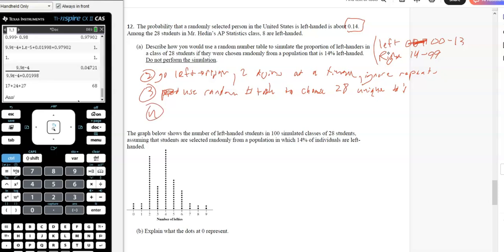Then record or count how many lefts out of 28. Repeat many times. Something like that.